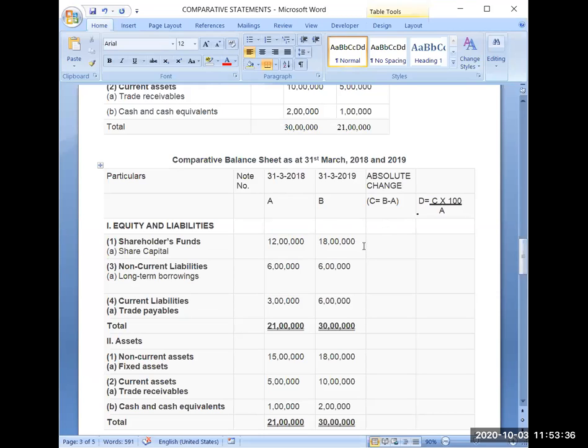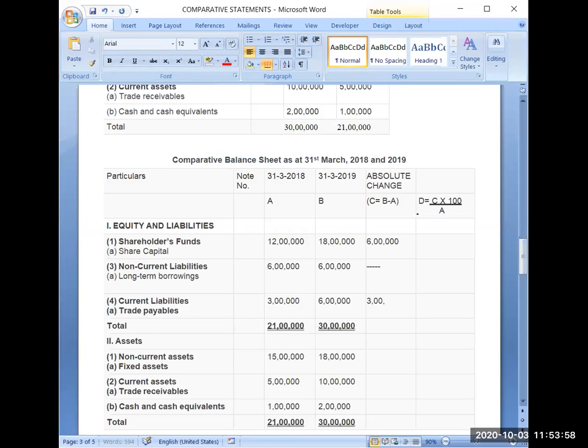Like here 18 minus 12. So it will be simply 6 lakh. Then 6 minus 6, it will be nil. So we will not write anything here. Then 6 lakh minus 3 lakh, it will be 3 lakh.